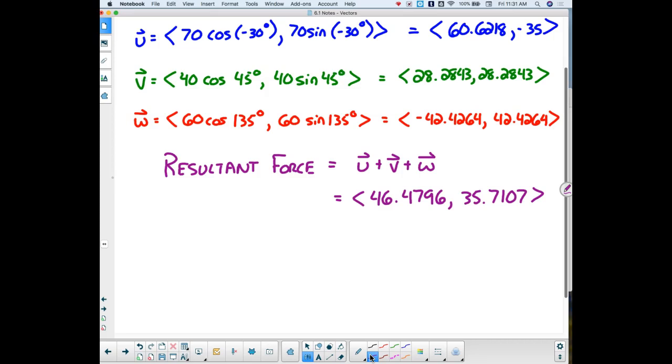We want to know the magnitude and direction of that force. How am I going to find the magnitude of that resultant force? Love it. Let's do it.